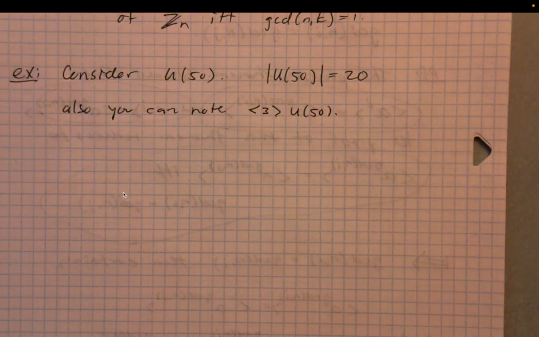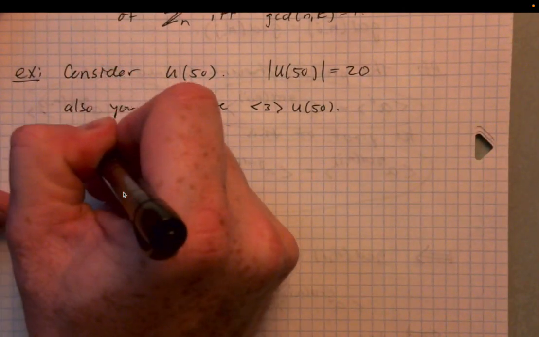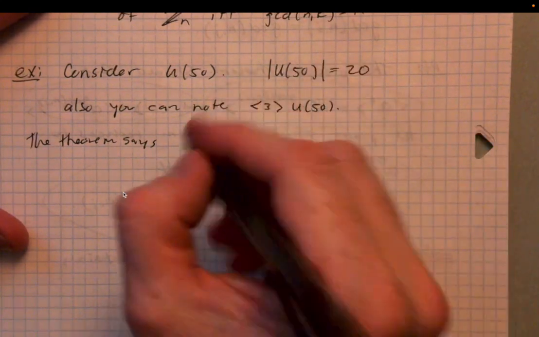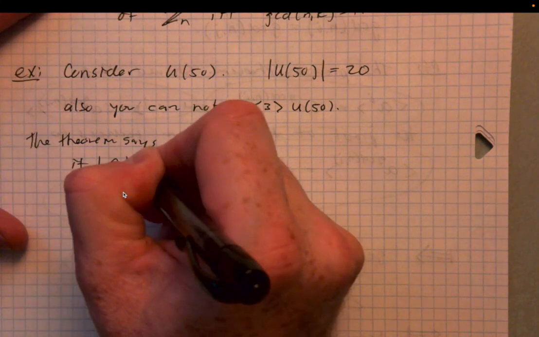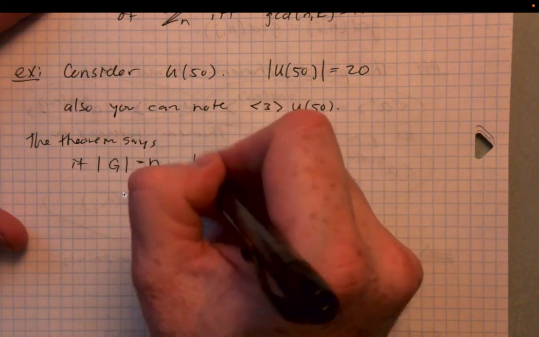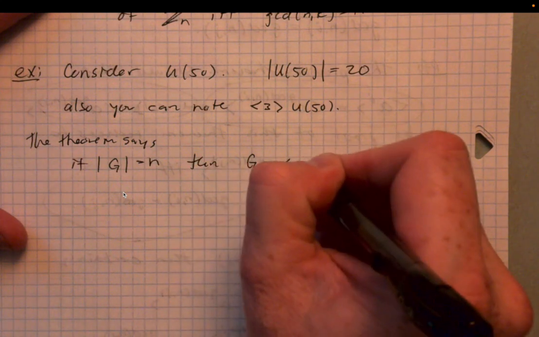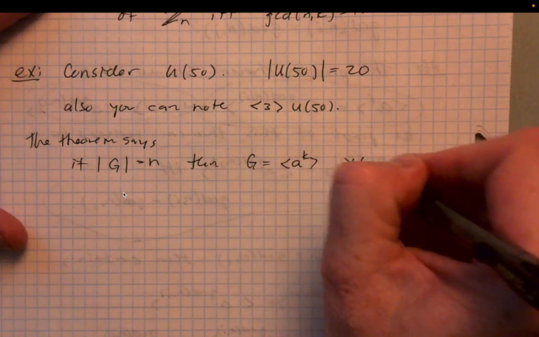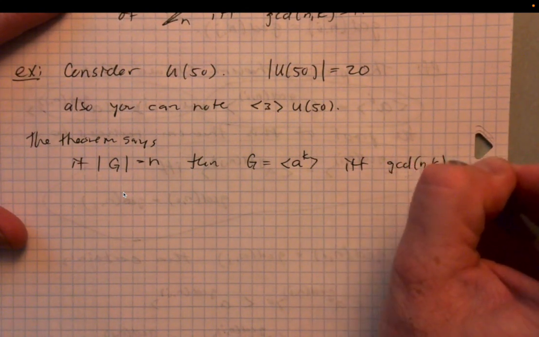Okay. So what does the theorem say? It says that if the order of the group is n, then G is equal to the group generated by A to the k if and only if the GCD of n and k is 1, right?